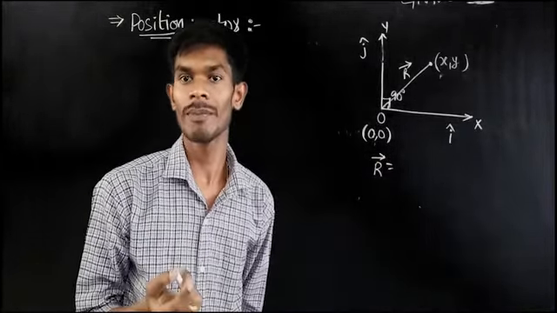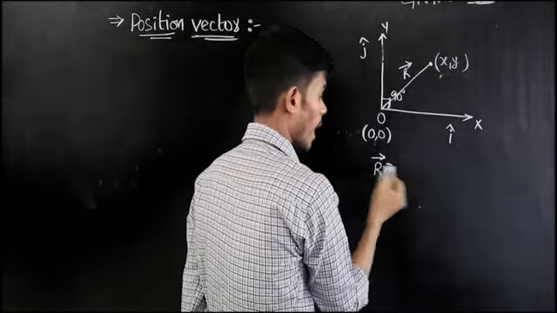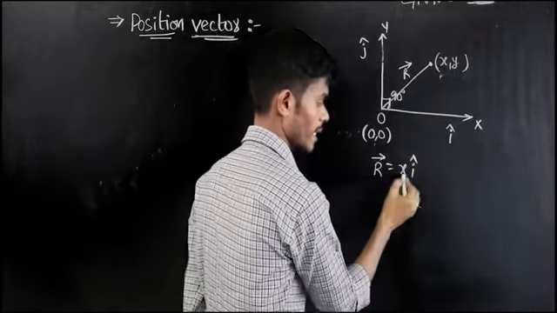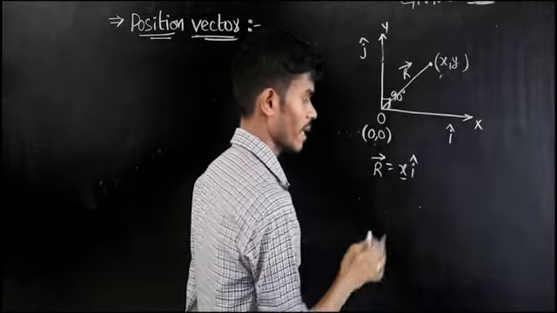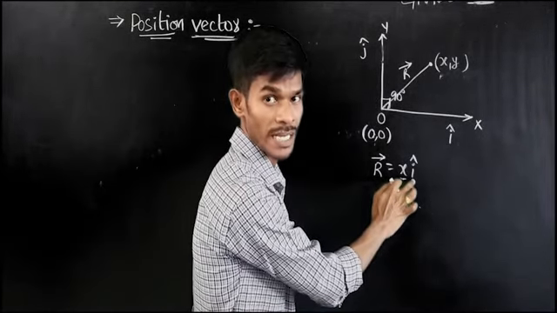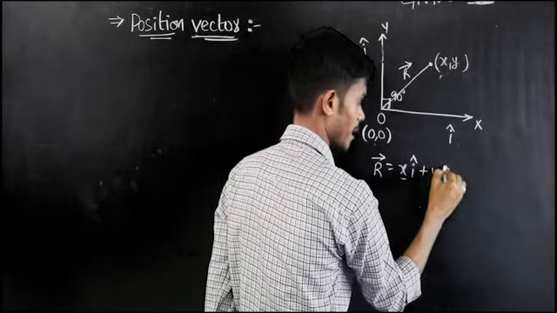Vector means what? It has both magnitude and direction. So r bar is equal to x i cap, where along the x-axis the magnitude is x and the unit vector to represent the direction is i cap, plus y j cap.